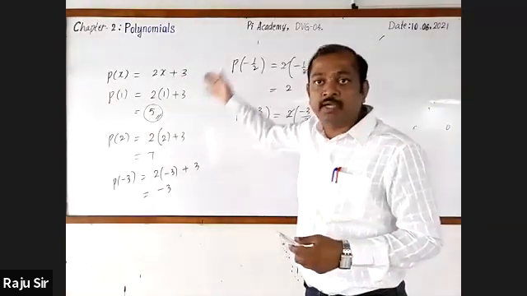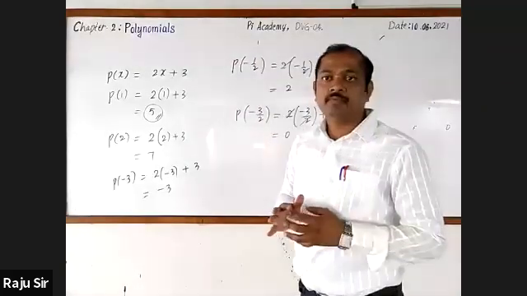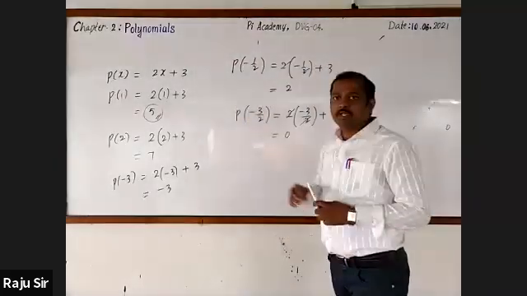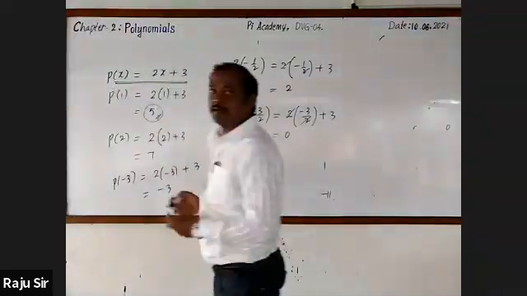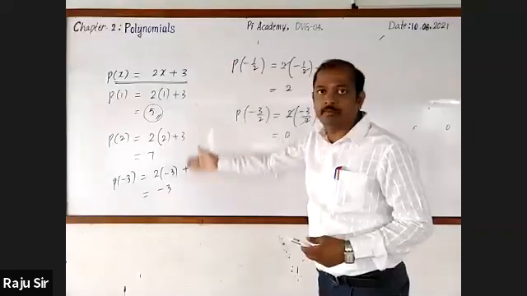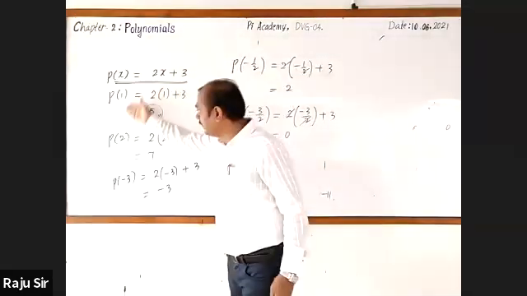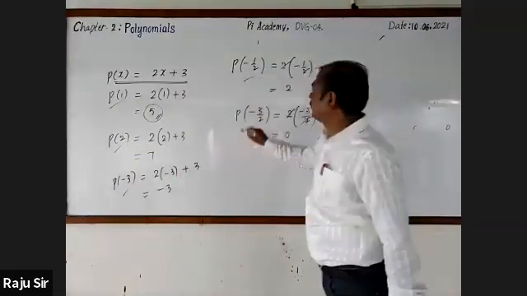It's about finding the value of the polynomial. You can notice that this is the given polynomial. We have found the value of the polynomial by taking different values for x. This is first one, second one, third one, fourth one, fifth one.